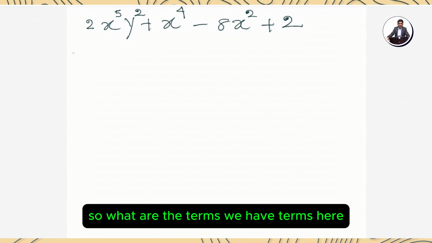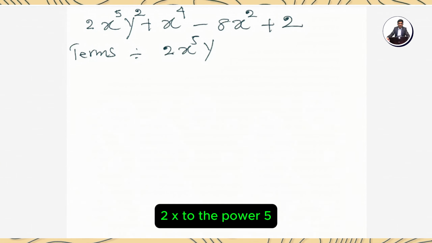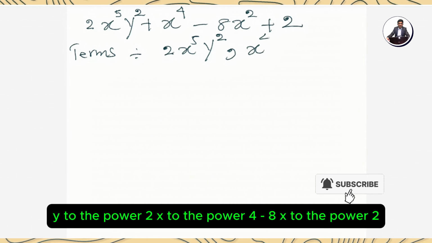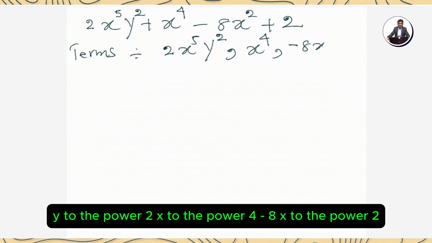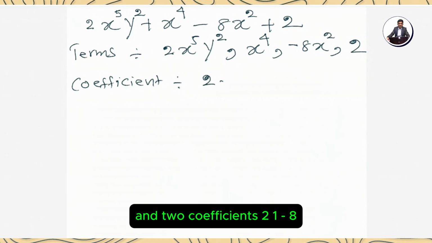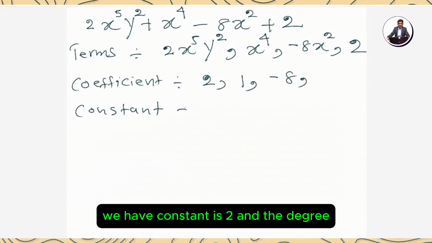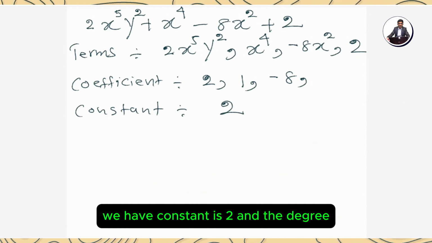What are the terms? 2x to the power 5 y to the power 2, x to the power 4, negative 8x to the power 2, and 2. Coefficients: 2, 1, negative 8. The constant is 2.